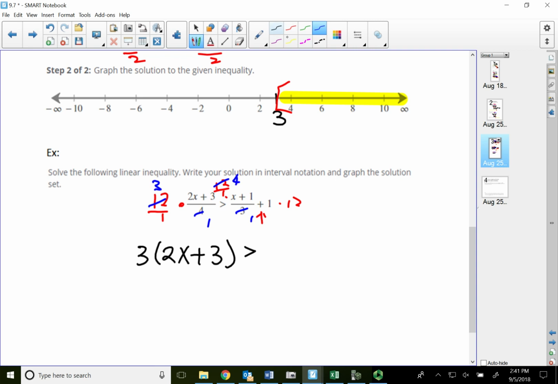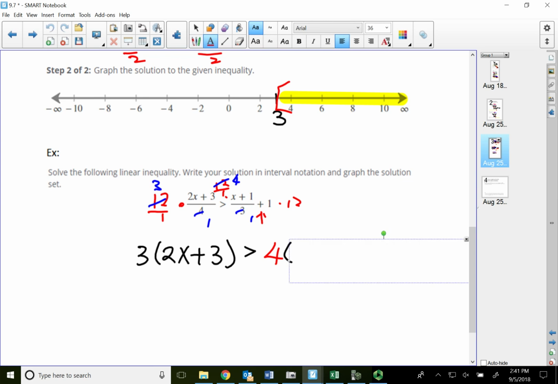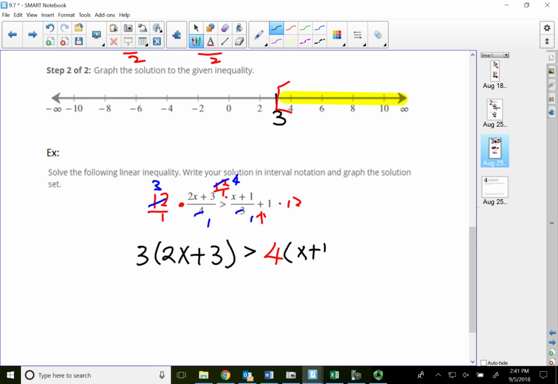So the 4 will now multiply both of these terms on the top. 2 terms representing 1 numerator. That'll be 4 times parentheses, x plus 1.